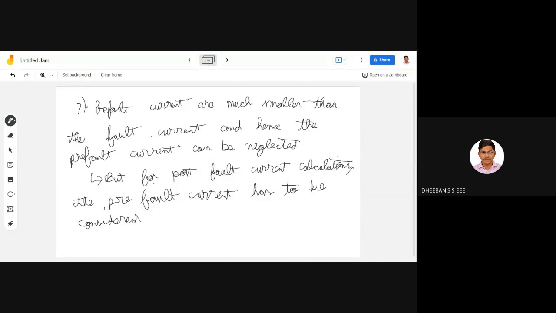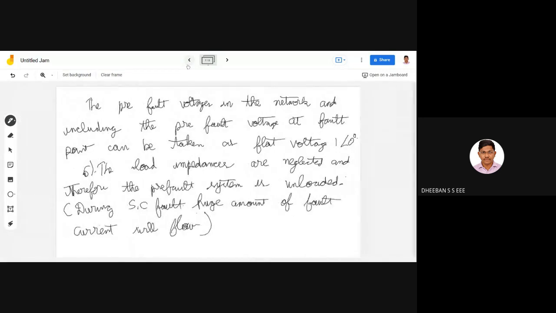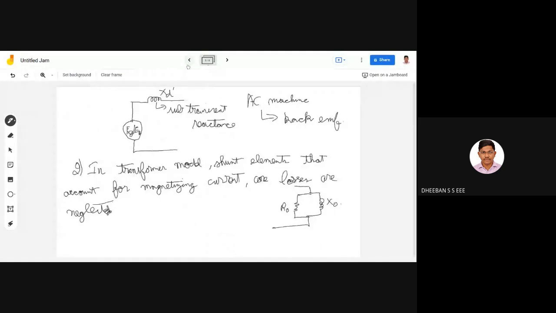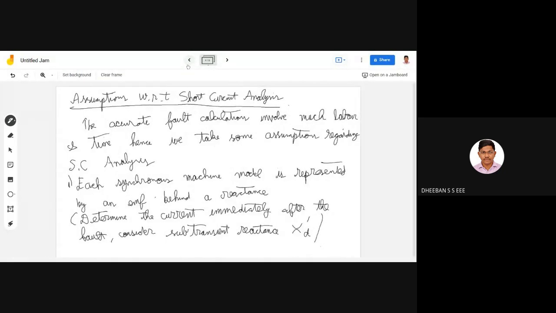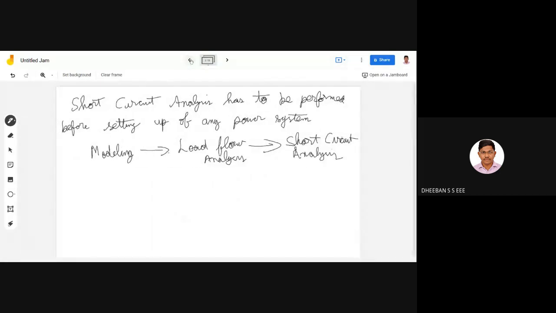So we just go through these 7 points, and based upon these 7 points we will be performing the short circuit analysis. Before getting into the short circuit analysis, we will learn how to build the Z bus, because your entire short circuit analysis or fault analysis revolves around your Z bus building algorithm. We'll see the Z bus building algorithm in the next class, and consider some problems.